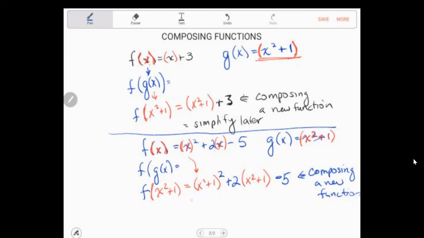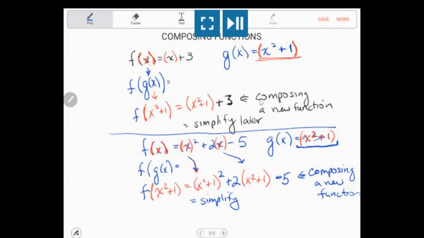And then our next step is going to be simplify this function, but the process of simplifying it is an algebra skill that we have worked on before, and I don't want to confuse simplifying this with this idea of composing functions. So basically, you're going to take this function and insert it any place there was an x, the same way you did when there was a 5. And so really that's all there is to composing functions.